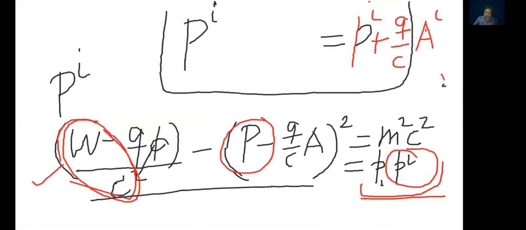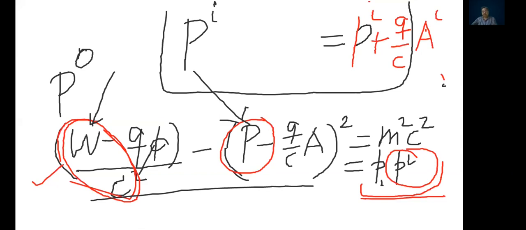So this P0 is this one. This is P0 part. And the remaining parts of 4 vector are as this. So everything seems to fit here in these expressions.